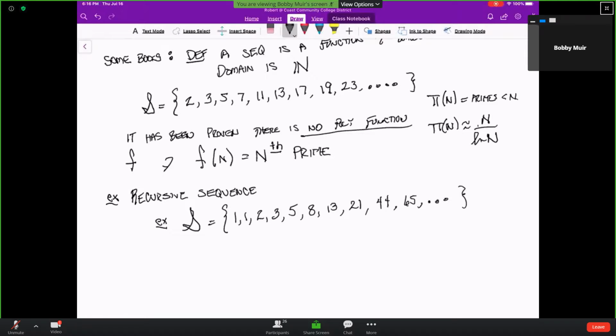Okay, now this keeps going and going. Okay, so this is called the Fibonacci sequence.